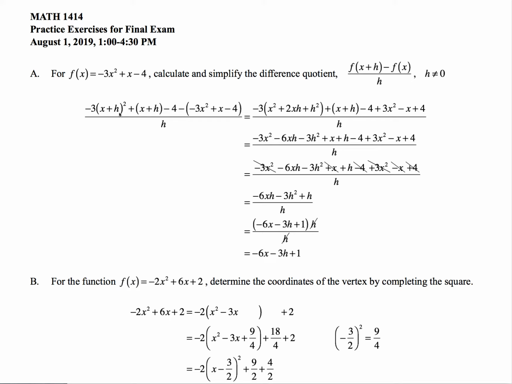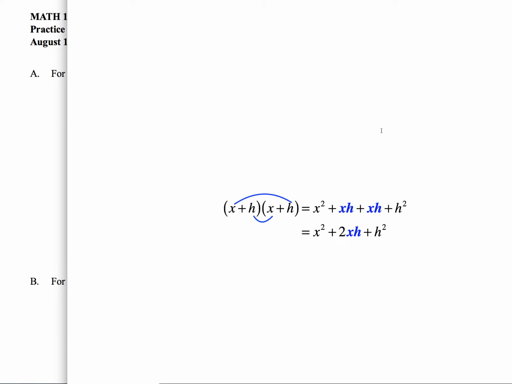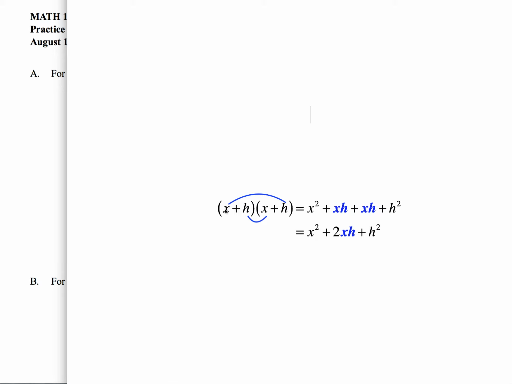So the quantity x plus h squared is x squared plus 2xh plus h squared. And as a reminder of why that is, when you multiply the first terms, x times x, that's where the x squared comes from. When you multiply the last terms, h times h, that's where the h squared comes from.